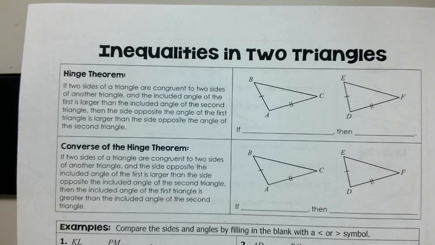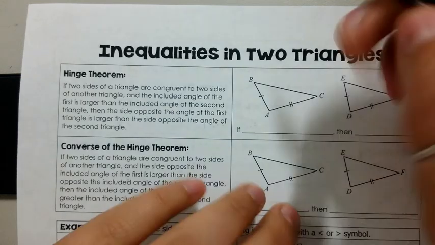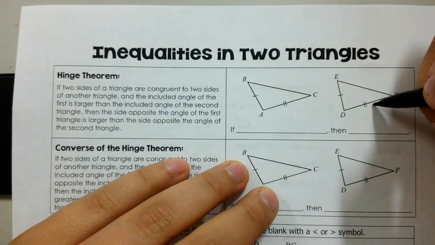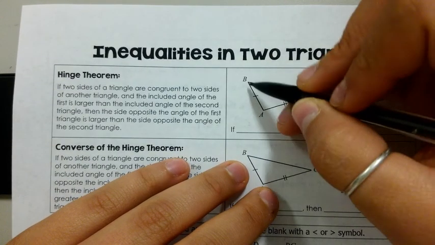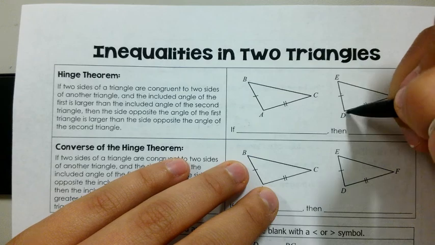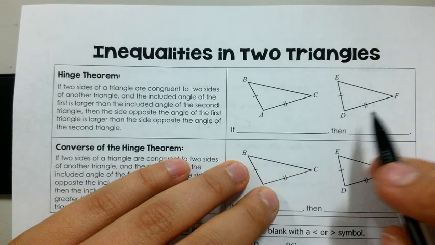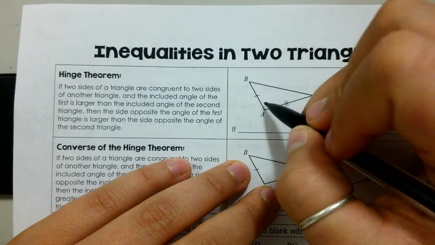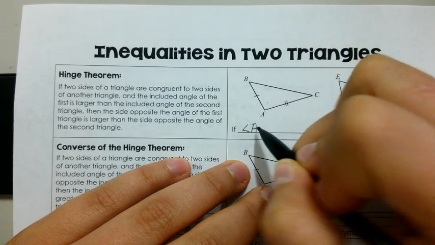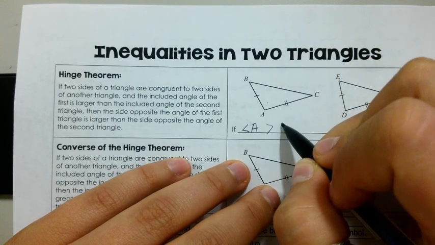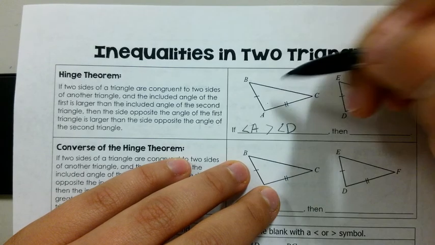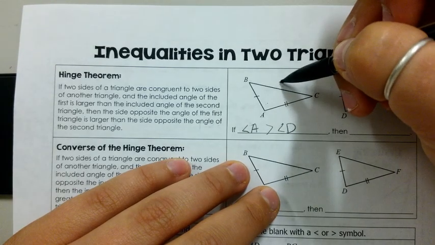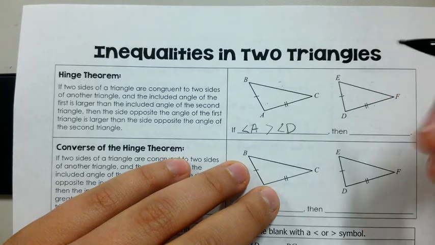Well, we're going to use that, and if you have two triangles that have two congruent sides, like here we have AB is congruent to DE and AC is congruent to DF, then if angle A is greater than angle D, this side of this triangle, BC, is going to be greater than EF.